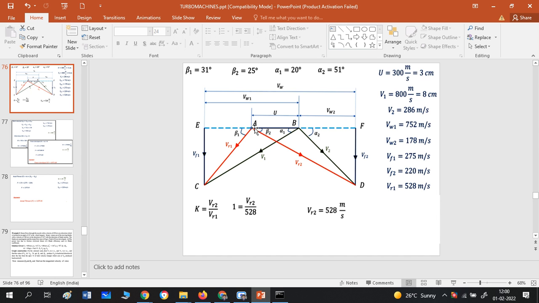As per the rules of the velocity triangle, at the end of u at beta angles, if I join the line A to C in the triangle, I will get VR1. Once you get VR1, measure it from the scale. If it is 5.28 centimeter, multiply 5.28 into 100. It will become 528. So VR2 and VR1 are both the same. I'll take 528 on the left side, 528 on the right side.